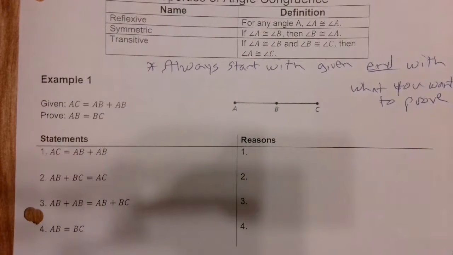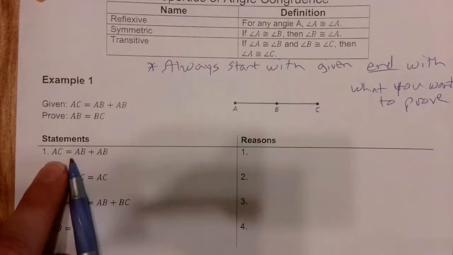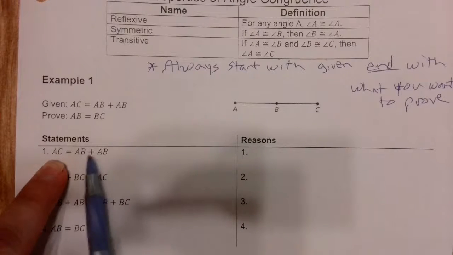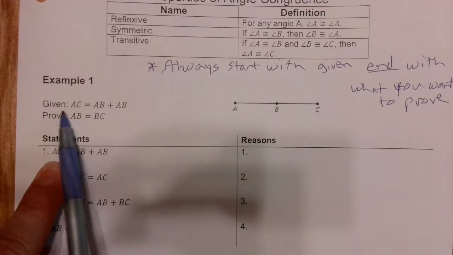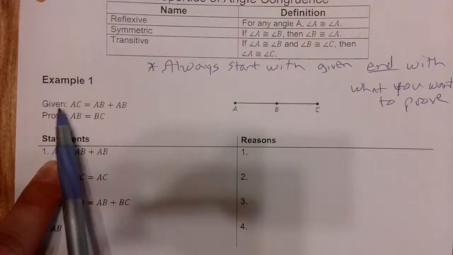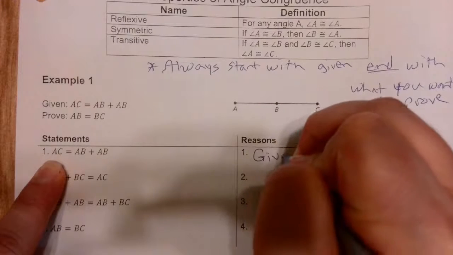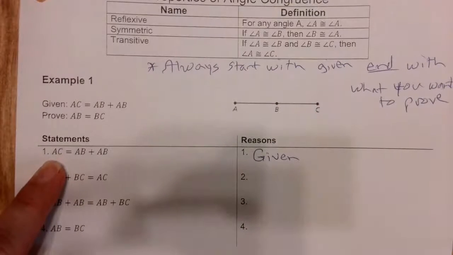Everything in the middle could be an absolute mess, but you should at least start and end in the correct place. So let's see here. How do we know that AC is equal to AB plus AB? Well, we know that because they wrote it on our paper for us. They gave it to us. So your reason is actually given.